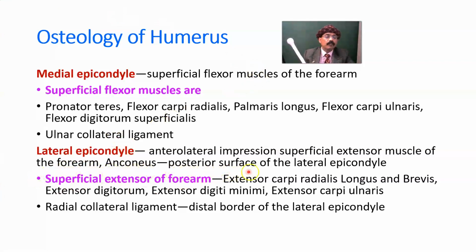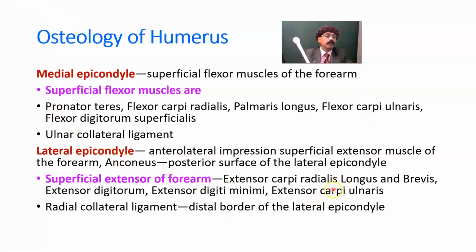we just discussed anconeus from the posterior surface of the lateral epicondyle innervated by the radial nerve. Superficial extensor of the forearm: extensor carpi radialis longus and brevis, extensor digitorum, extensor digiti minimi, extensor carpi ulnaris muscle. Okay, they all are extensor muscles.